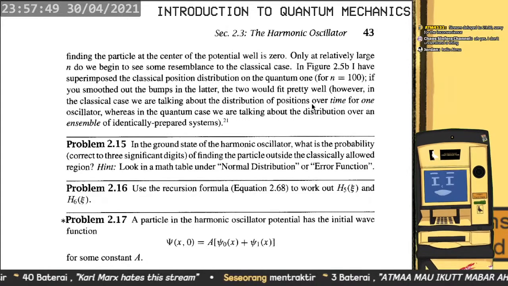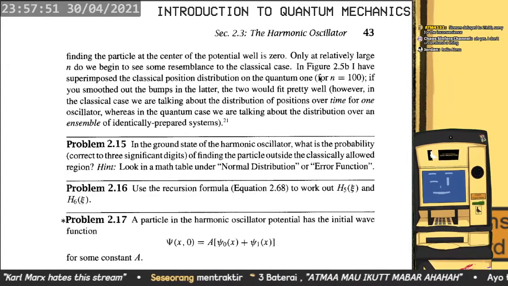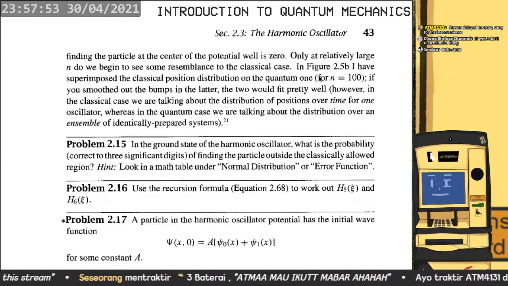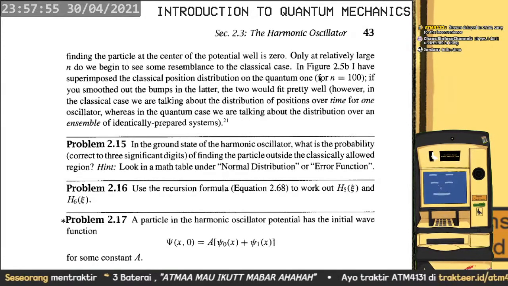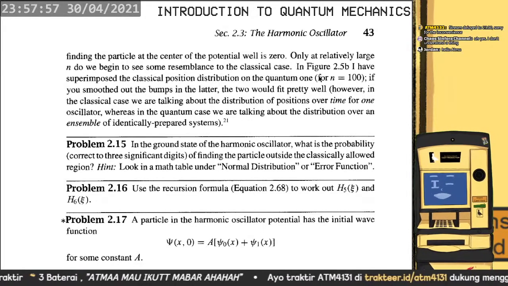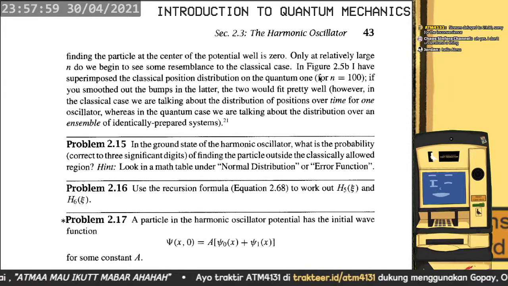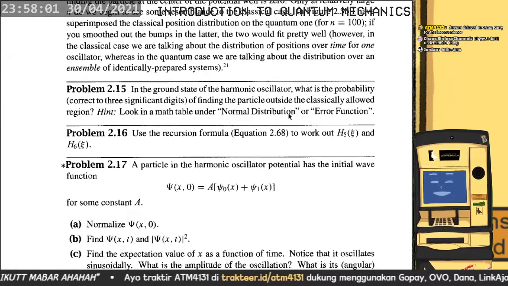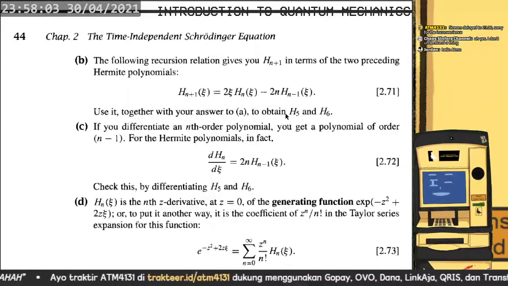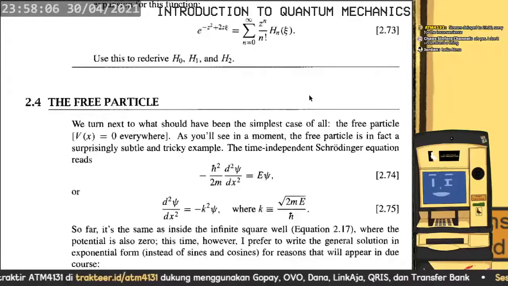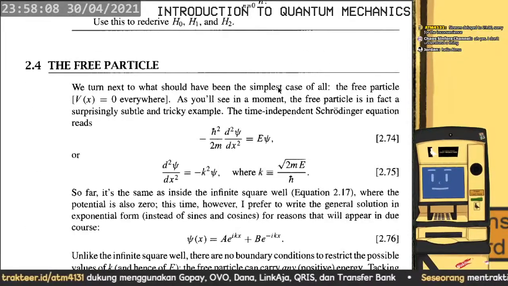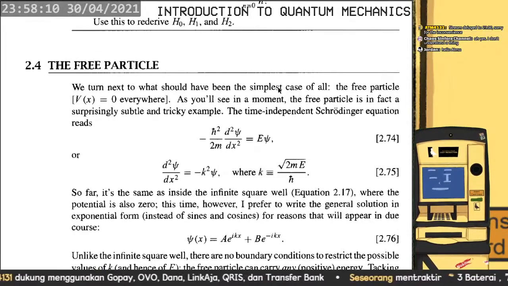However, in the classical case, we are talking about the distribution of positions over time for one oscillator, whereas in the quantum case, we are talking about the distribution over an ensemble of identically prepared systems. Okay, we have arrived at the free particle.